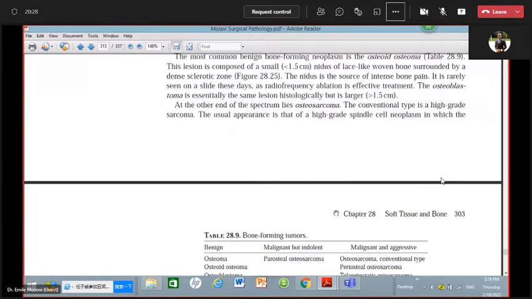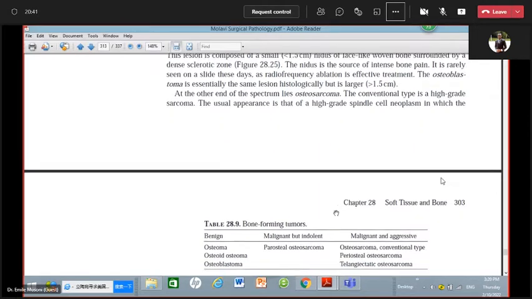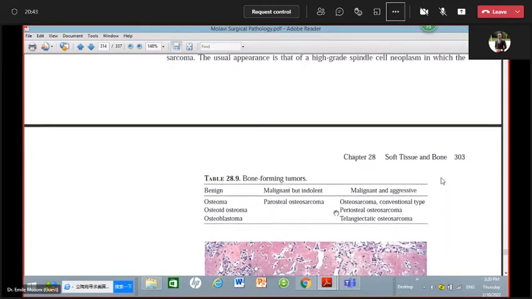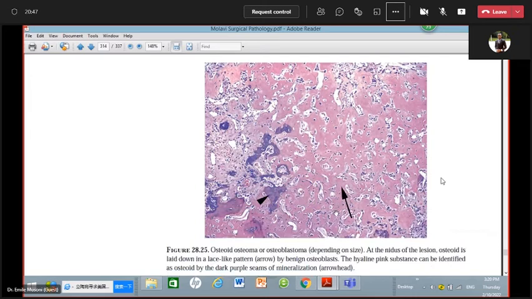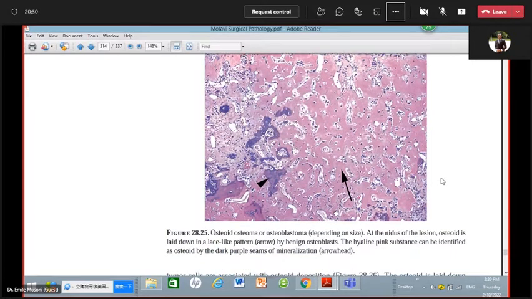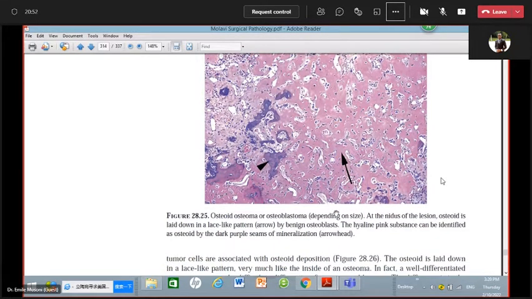At the other end of the spectrum lies osteosarcoma. The conventional type is a high-grade sarcoma. The usual appearance is that of a high-grade spindle cell neoplasm, and it is the most common malignant bone tumor. This is an image of the osteoma or osteoblastoma, depending on the size.